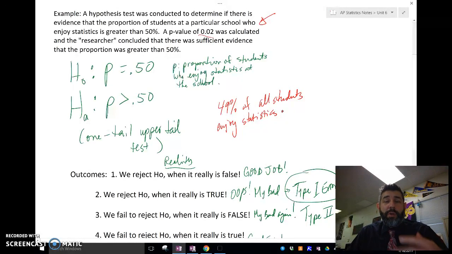What you need to know is, when you do this in your AP class, your teacher is going to ask you in context what that type 1 error means and what the consequence of that happening is in reality. Do we miss out on an opportunity to do something because we've come up with a different conclusion based on our hypothesis test? And these actually occur in real life situations. They occur in business all the time.